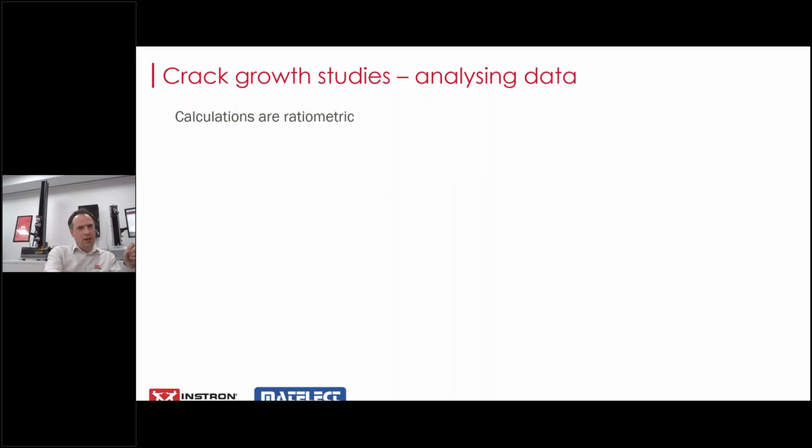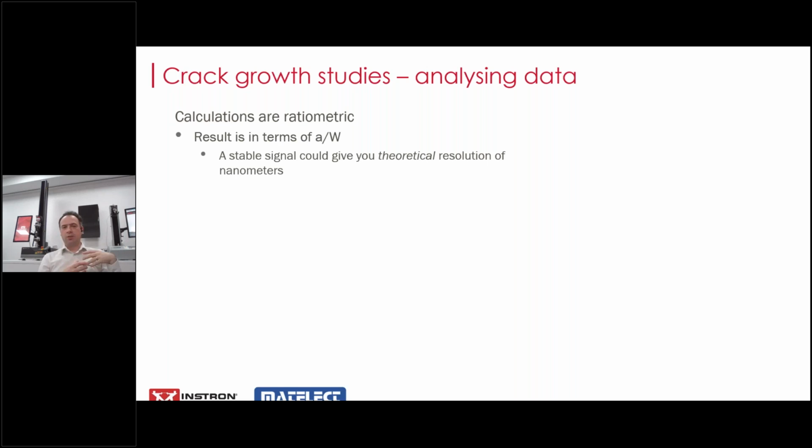When we come to analyzing the data with DCPD analysis, the calculations are ratiometric, and the result is in terms of a over W, the proportion of the crack length compared to the total width of the specimen.